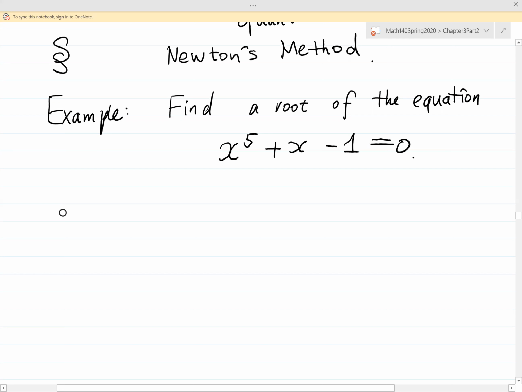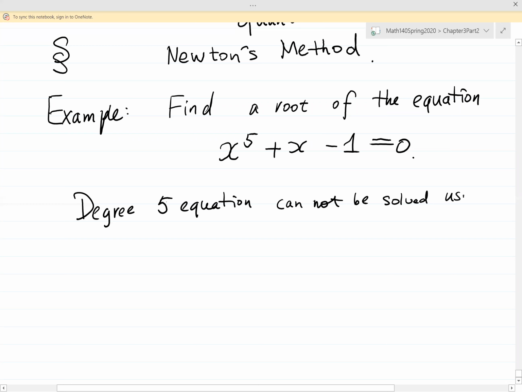Then two mathematicians showed that degree 5 equations, in general, cannot be solved using only radicals.